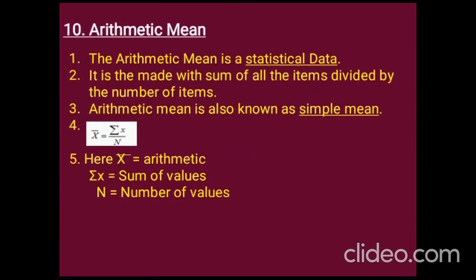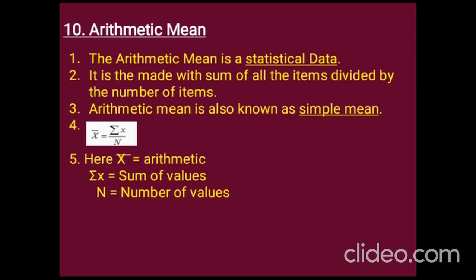That is arithmetic mean. Arithmetic mean is a statistical measure. It is the mean obtained with the sum of all the items divided by the number of items. Arithmetic mean is also known as simple mean.